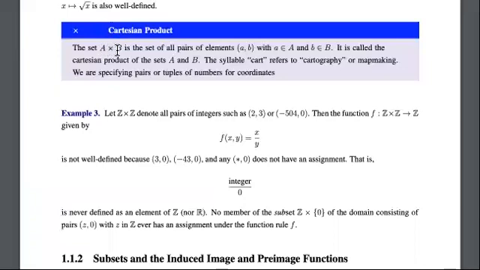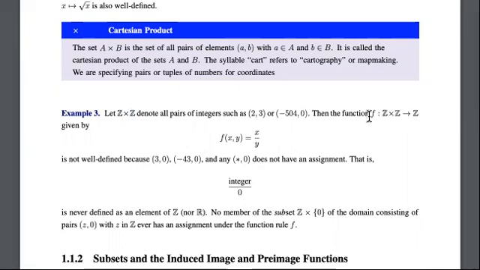All we're doing is taking two sets and thinking of ordered pairs, like 2, 3. Notice that 2 and 3 are both integers, because we have Z cross Z. This means that the first component of this ordered pair is an integer, and the second component is also an integer.